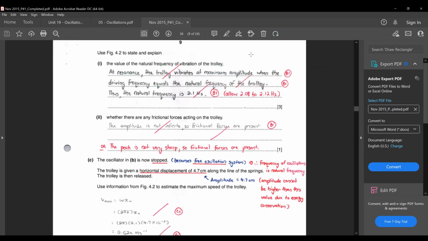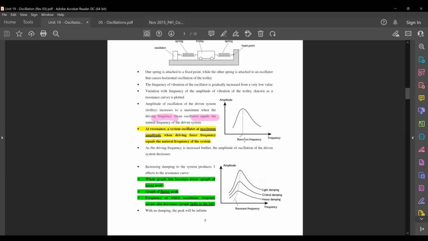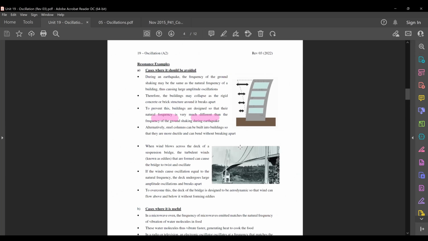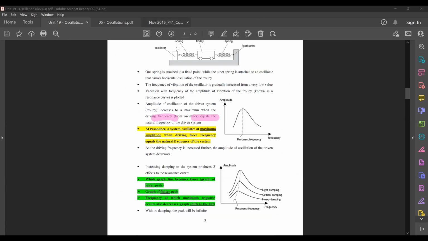Now, in part 2, state whether there are any frictional forces acting on the trolley. So recall that last week I mentioned to you, if you're looking at the resonance curve on page 3, if you do not have damping, you do not have resistive forces or anything, your resonance curve will be something like this.